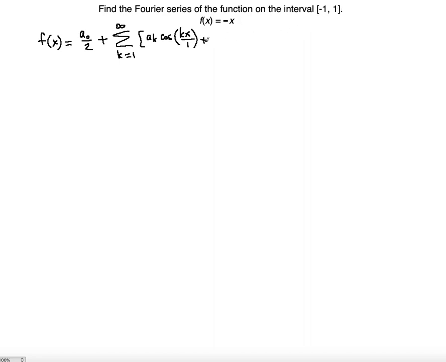Plus b subscript k sine of kx divided by 1. Same thing for the sine. So that's going to be the form that we need to find.